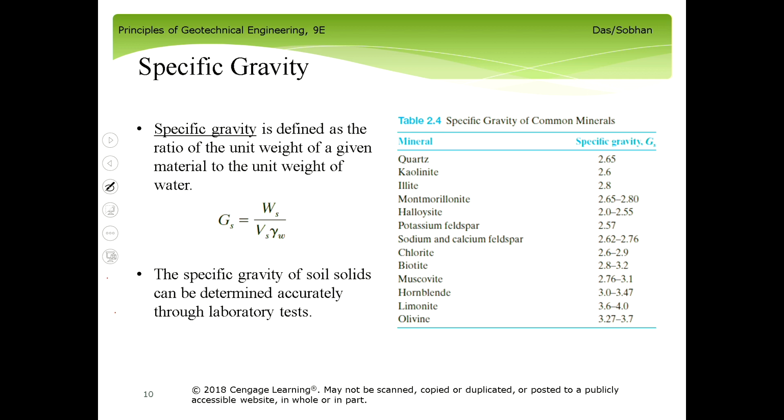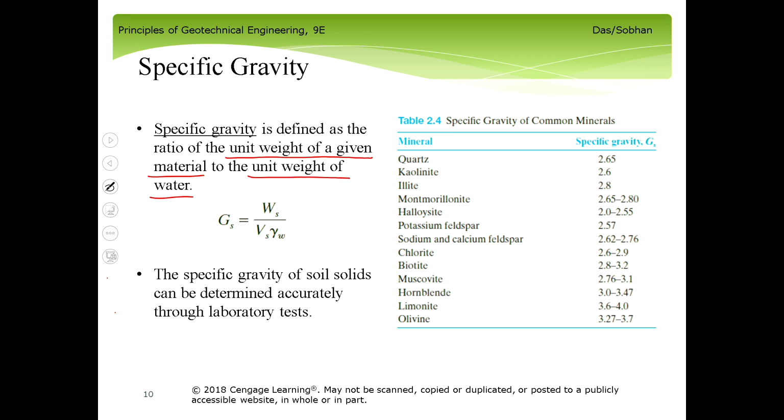The first value is the unit weight of the given material. As long as it says given material, that is specific gravity. It's not only used for soil. It can be used for many other materials other than soil, right? The other value is the unit weight of water.